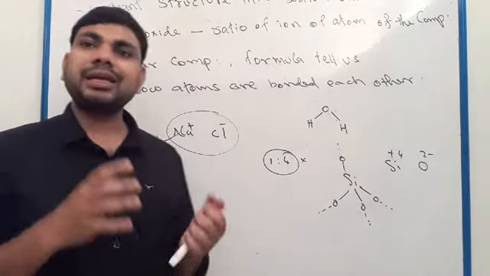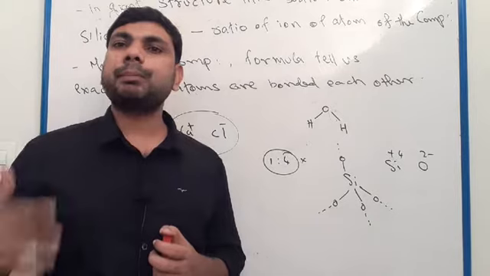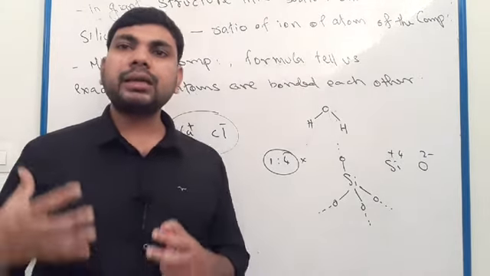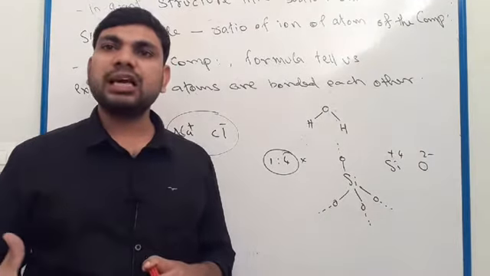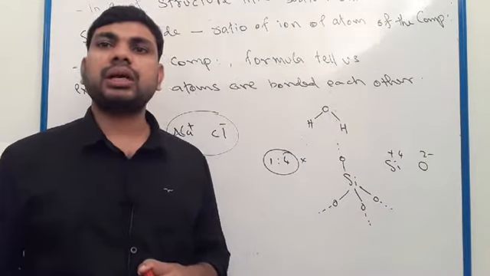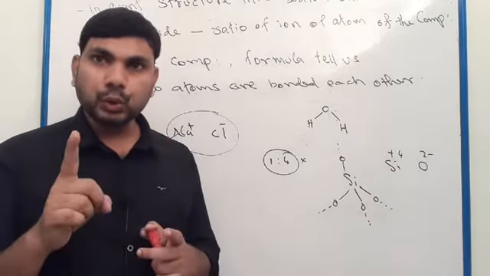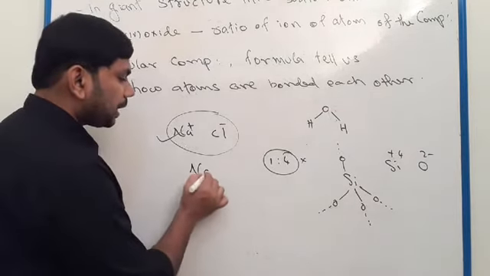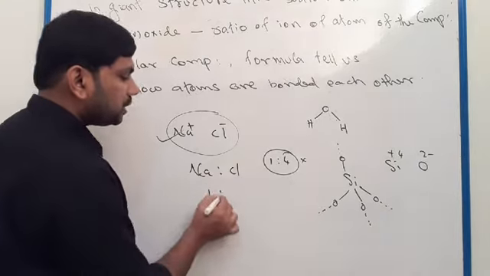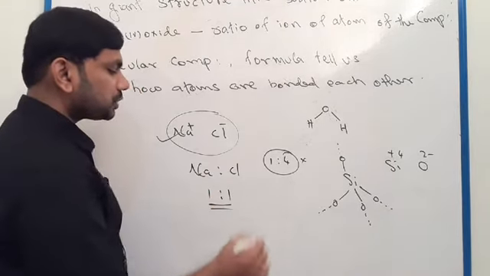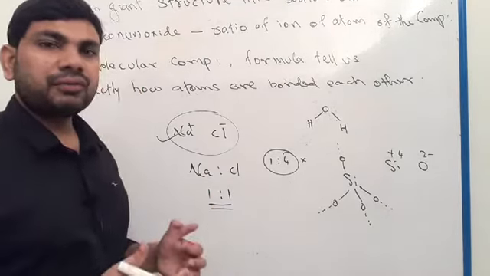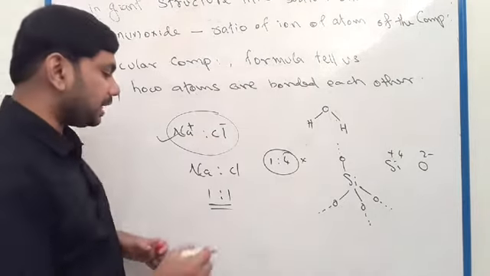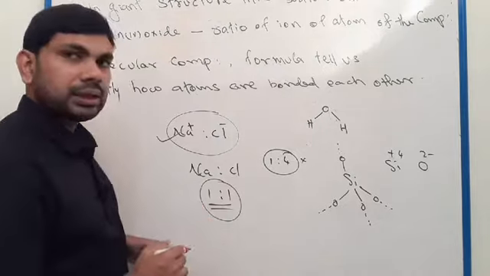Giant structure means it contains many Na plus and many Cl minus. So the ratio of sodium and chlorine is 1:1. This is the ratio of different ions in a compound, Na plus and Cl minus, 1:1.